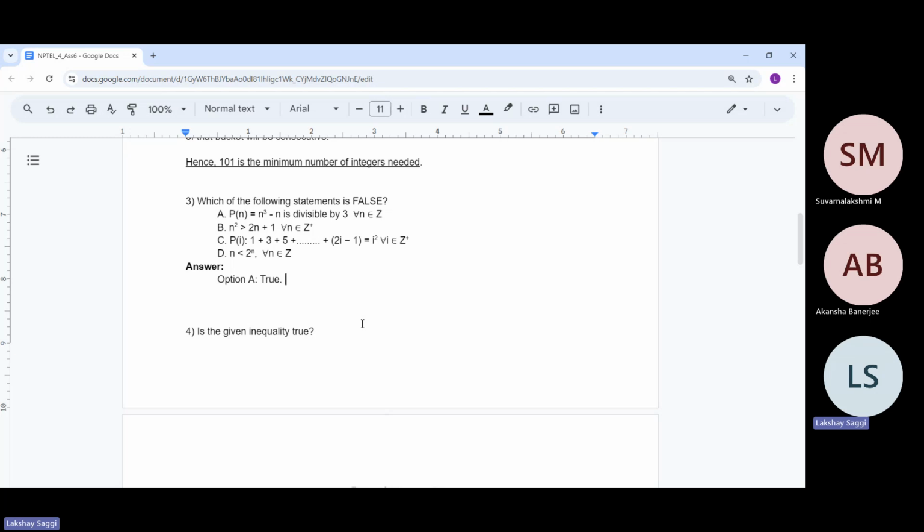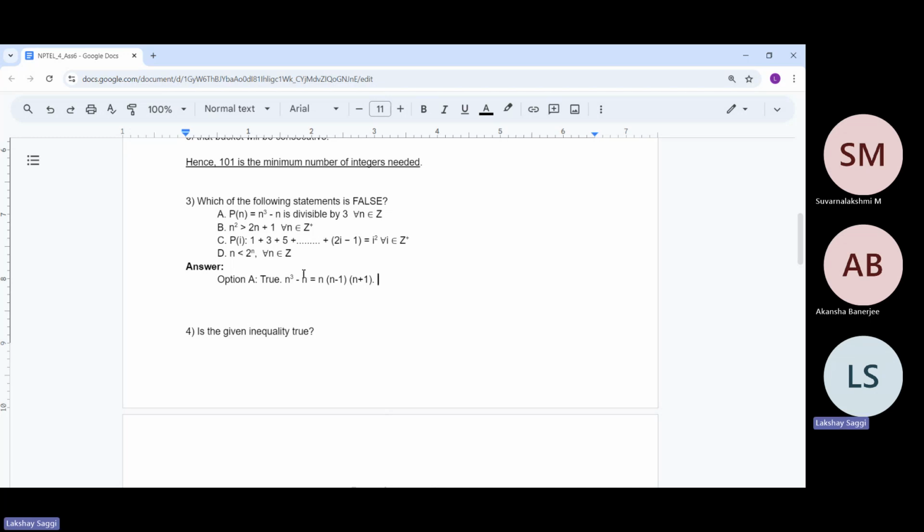And why is this true? Because we can factorize n cubed minus n as follows. From n cubed minus n, n will come out and it will be n squared minus 1 inside. And n squared minus 1 can be written as n minus 1 times n plus 1. This is just basic high school maths. We are just factorizing this expression.